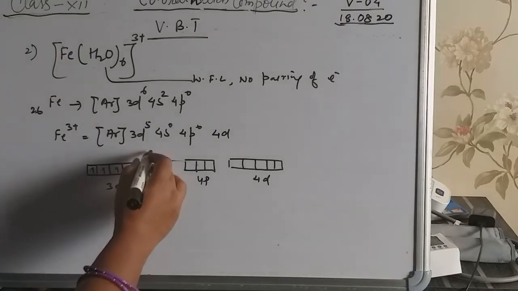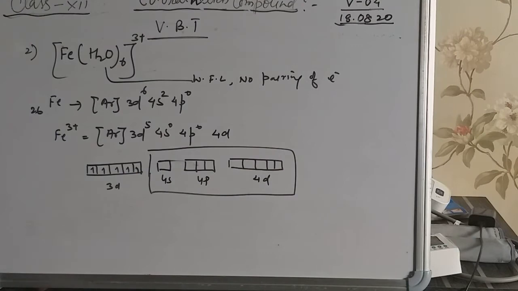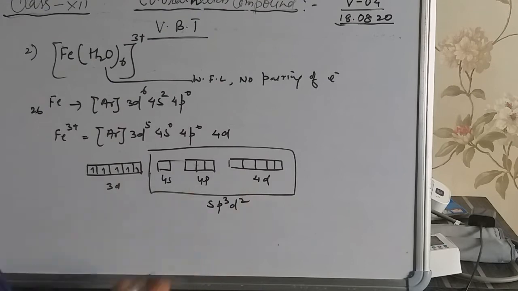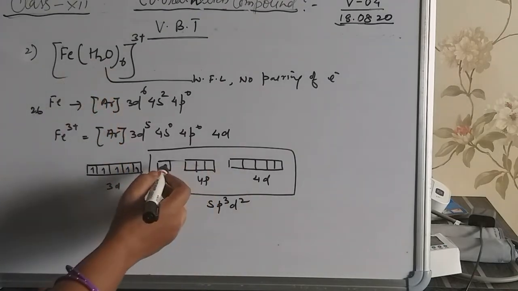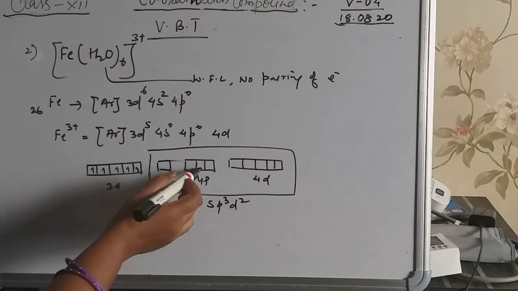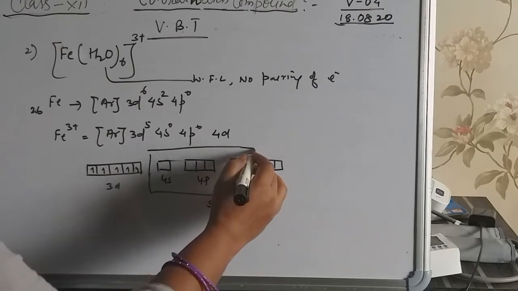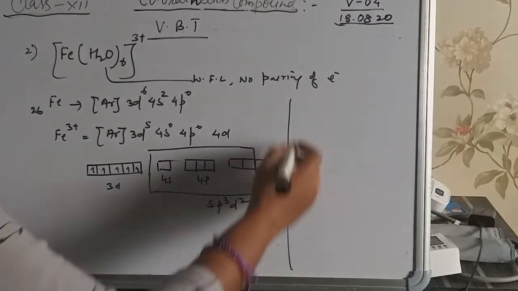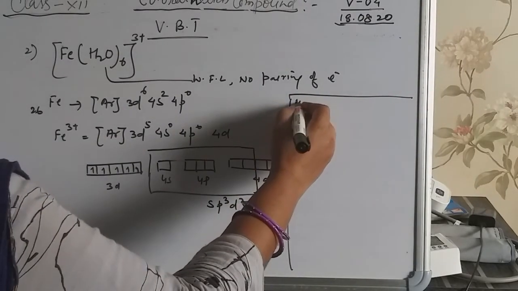In that condition, the total formation is of octahedral geometry, sp3d2. So a total of 6 water molecules occupy 1s, 3p, and 2d orbitals, sp3d2. So that is the hybridization, and let's find out the characteristics of this hybridization.